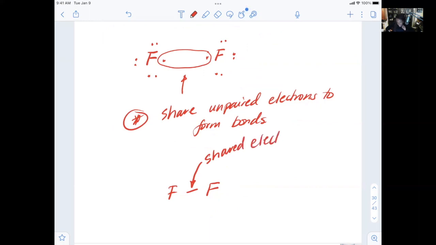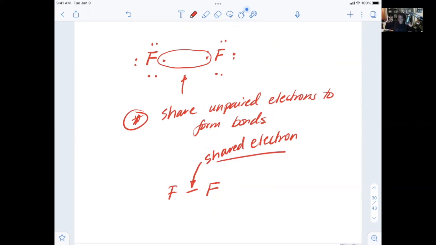What I like to say is that when you're looking at elements participating in a covalent bond, it's essentially like someone getting into a relationship, and they've got some money. The money symbolizes electrons. So there's money that they're going to put into the relationship. That's the bond, the shared electrons.